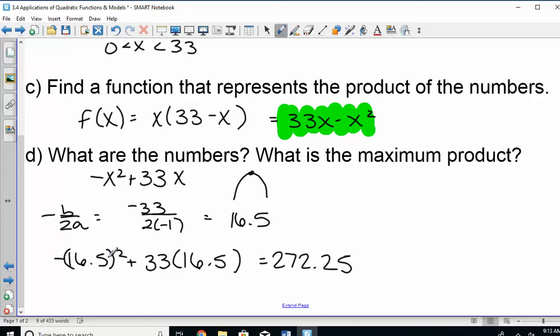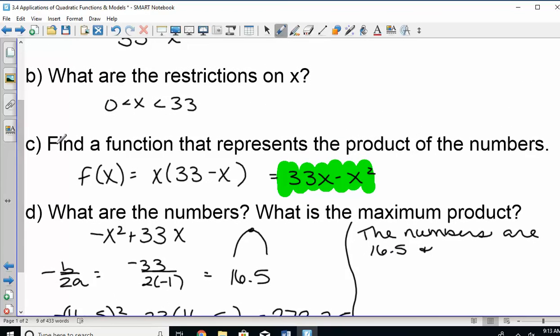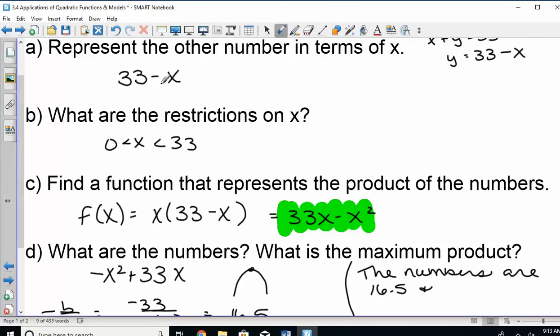Let's answer the questions. The questions were, what are the two numbers? So the numbers are, my first x value was 16.5. If I want the other one, I have to plug it in 33 minus x.